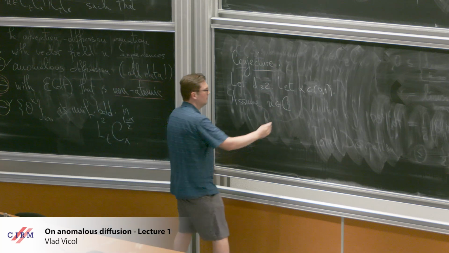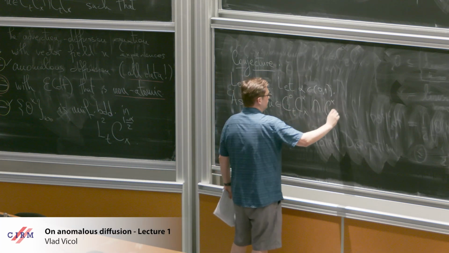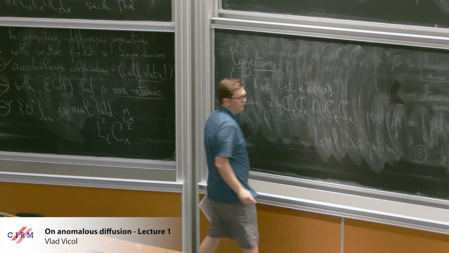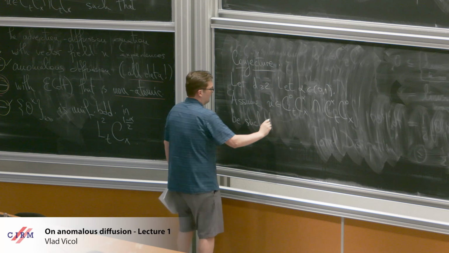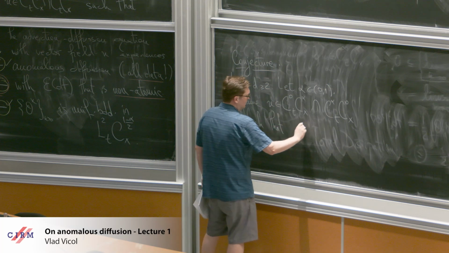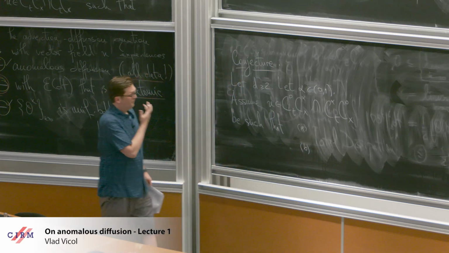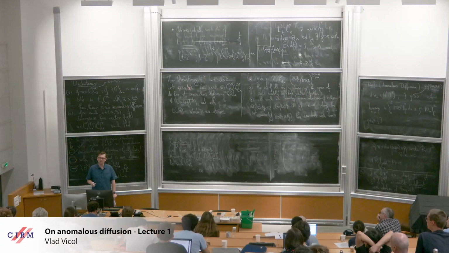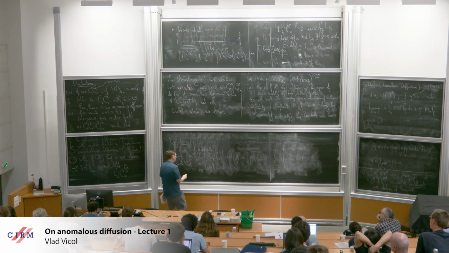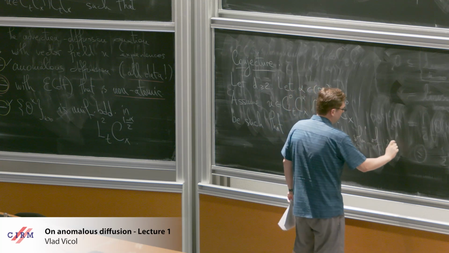Let u have two properties. First property of this vector field: it's a weak solution of incompressible Euler.